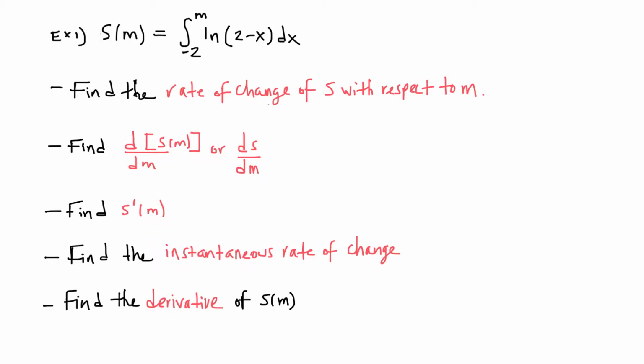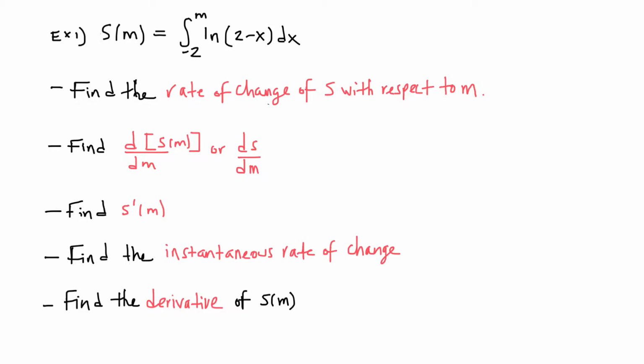One more way, find the instantaneous rate of change. And another, find the derivative of s of m. Notice the first and the second to the last, rate of change of s or instantaneous rate of change of s. Why are they the same if one of them just says rate of change and the other says instantaneous?